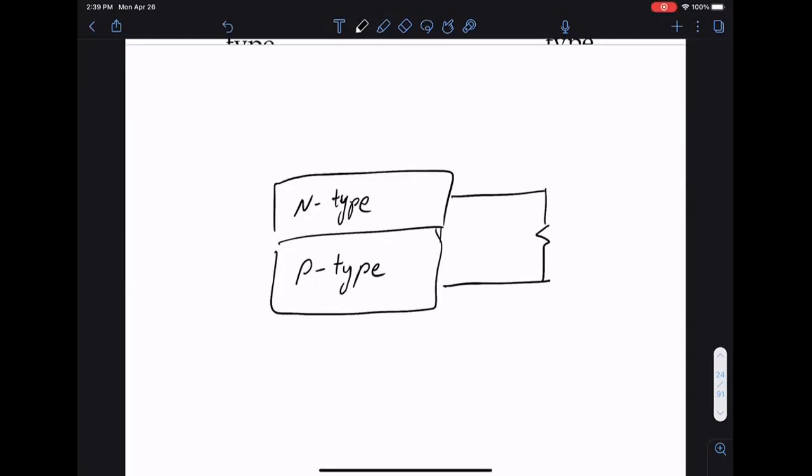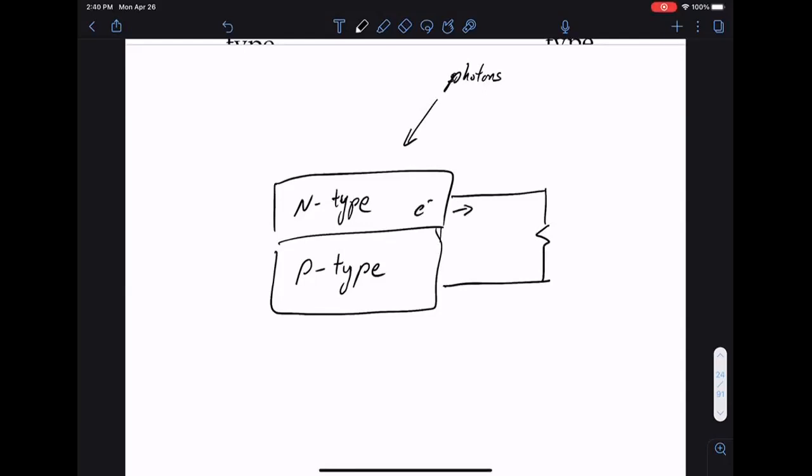Then what happens is you have photons, right? You have solar irradiation coming from here. So that's basically photons coming here. What happens is you encourage the electrons to move this way, right?